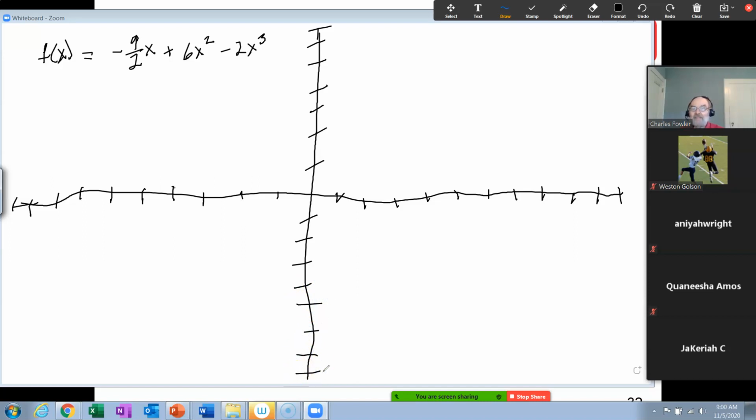Okay, where do we look for our end behavior? What's your leading term? Now, leading term doesn't mean the first term. It's the one with the greatest exponent, and that happens to be this one. There's your leading term, negative 2x cubed. Well, let's first look at the exponent.